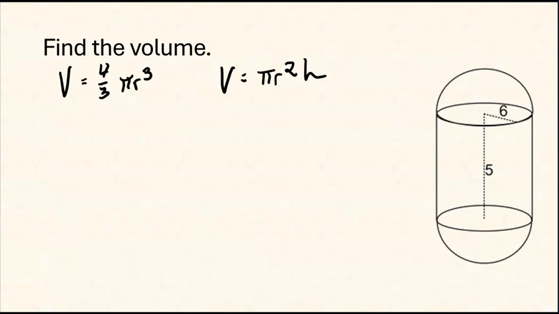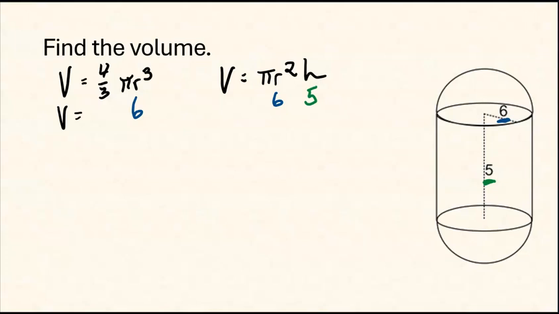And now I'm going to fill in the information that I have. I know that the radius of both the sphere and the cylinder is 6, so I'm going to fill that in. And I know that the height is 5, so fill that in. And I will fill in everything around that.